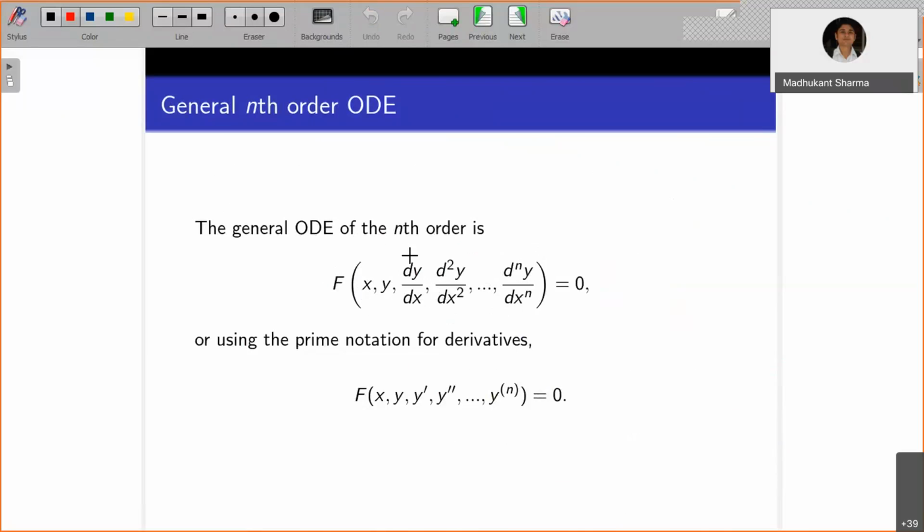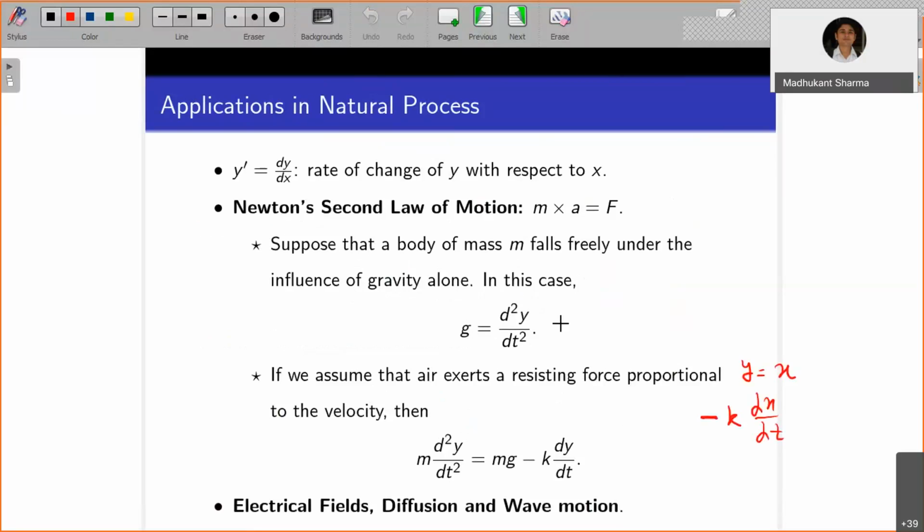If you go back, this is in the form of some function of t, y dash, y double dash equals 0. If you write some expression equals to 0, that is known as the equation.